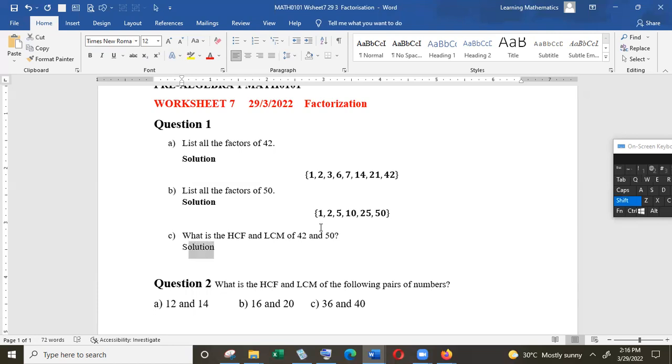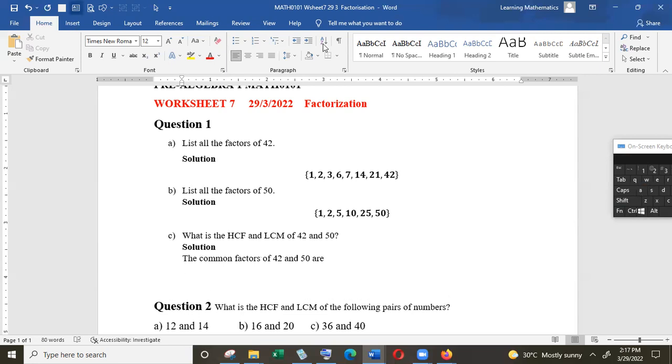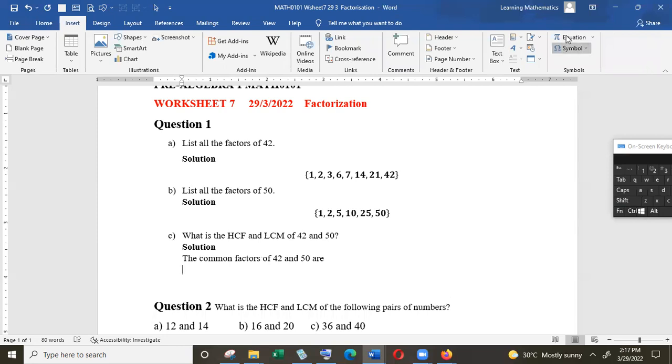So we can make a list of the common factors of 42 and 50, the factors that are common to both.